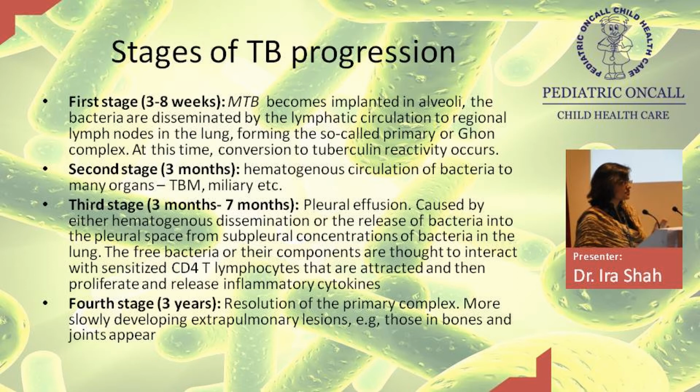Now how does pleural effusion occur? It's either due to a hematogenous spread of the bacteria into the pleural space from the subpleural component of the bacteria. The free bacteria are thought to interact with the CD4 cells and release inflammatory cytokines. So earlier what we thought is that pleural effusion is just an inflammatory reaction and you are not going to grow the bacilli in pleural effusion, is wrong.